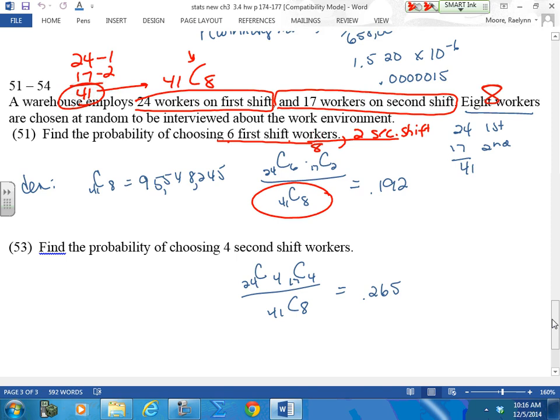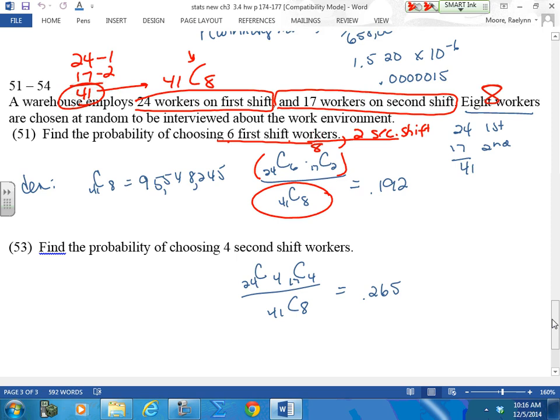"And" tells us we're going to multiply. 2 of these guys have to be from the second shift. And "and" says you have to multiply. You're going to have to put parentheses and divide by this. Do you see why we did that? It has to equal 8. They only asked that 6 of them be from the first shift, so 2 of them had to come from the second shift.